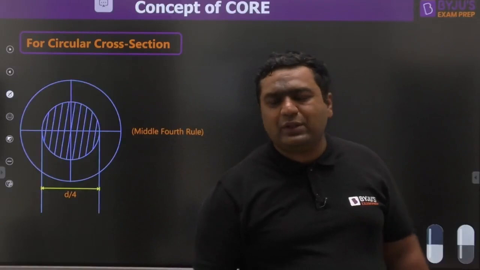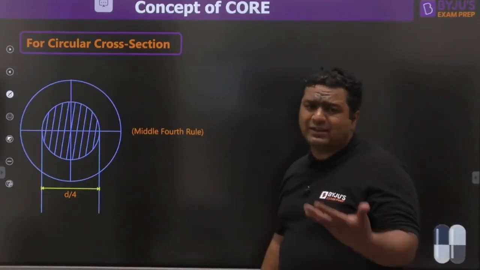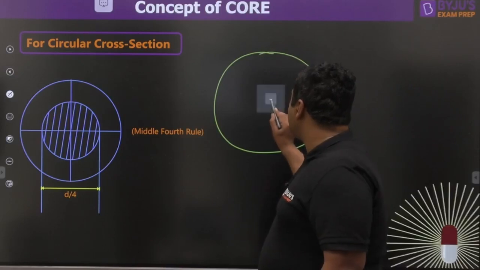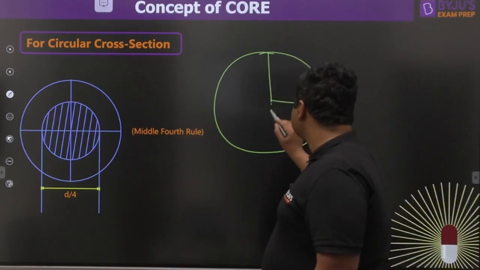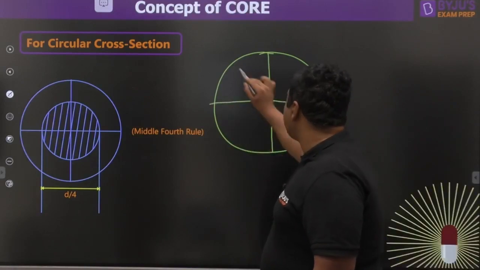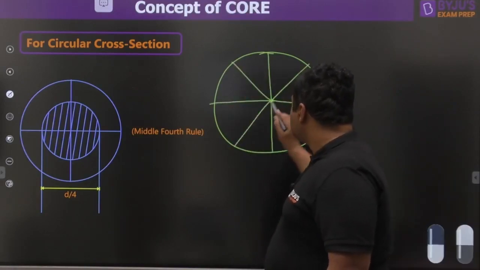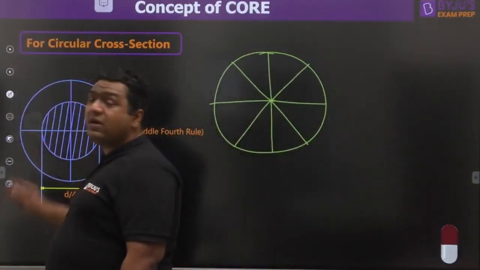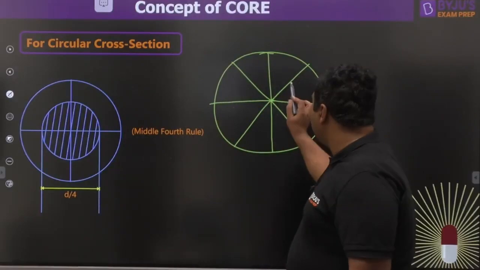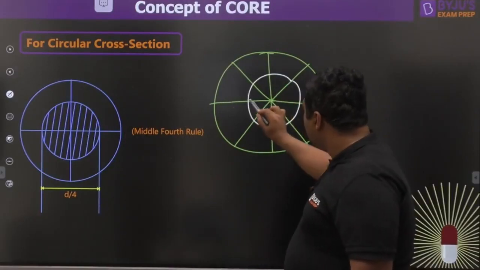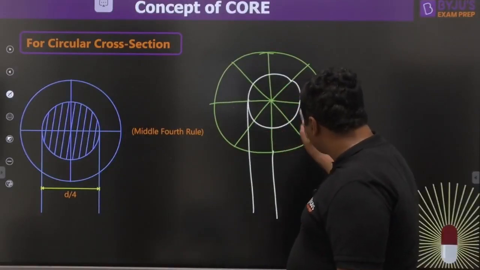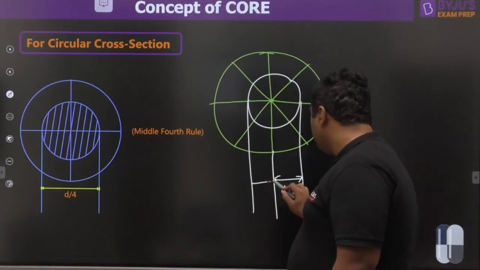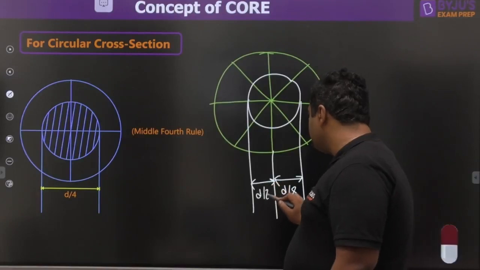Now the same if we see for the circular section. As you know, a circle is the same from all sides. From the center, all the points are at the same distance, so there is no problem like we had in the rectangle. Whenever you find the core, kern or kernel in the same way, you will get this portion, which is D by 8 distance from the center, D by 8 distance from the center.